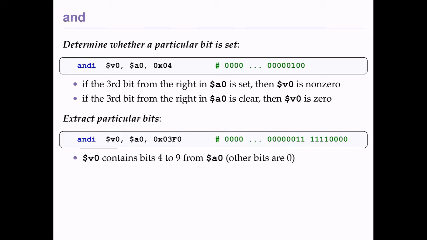And in fact we can even take out particular bits from a word if we're so inclined. If we specify the bits that we want to take out by giving the hexadecimal number which corresponds to having these ones set, and we AND it with a value, it will pull out whatever of those bits are set in the word in A0.